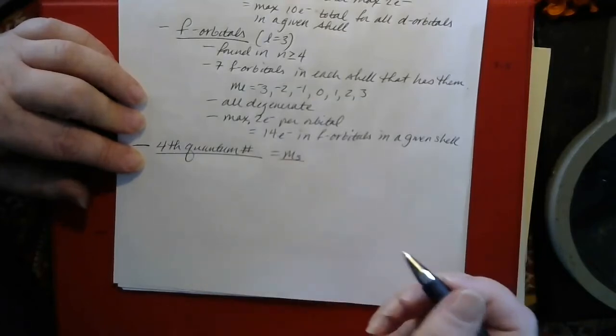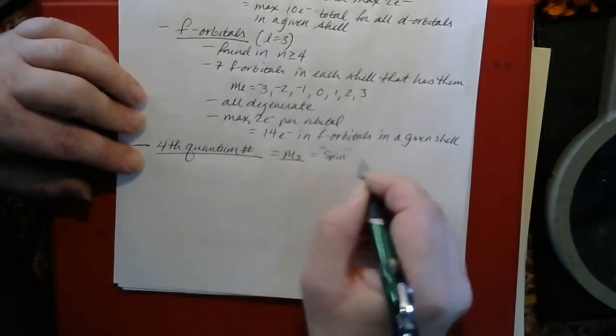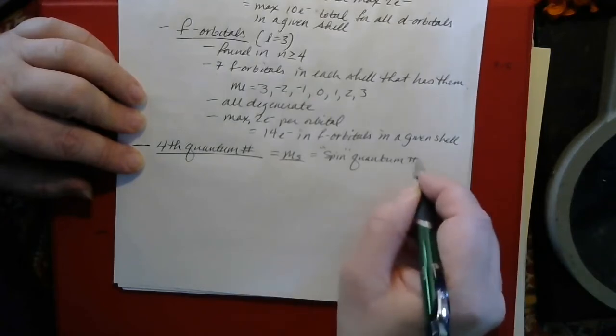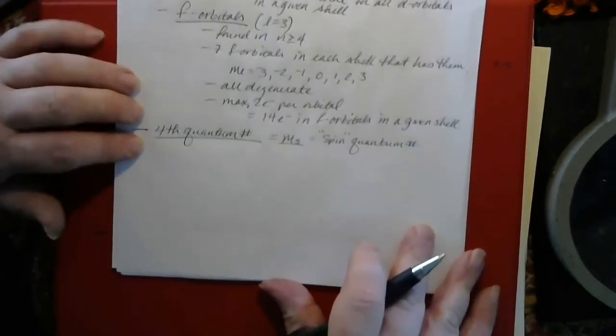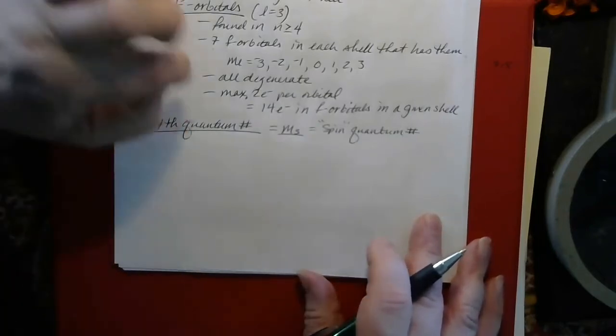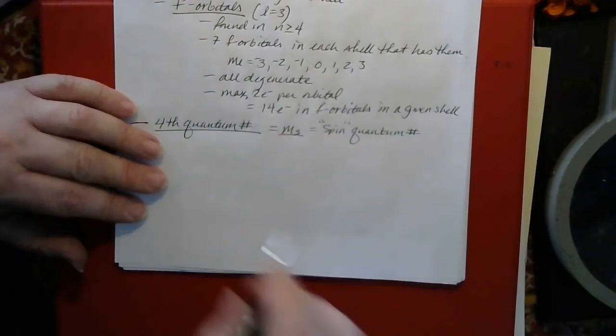And that's known as m sub s, or the spin quantum number. This quantum number refers not to an orbital, but to a specific electron within an orbital.